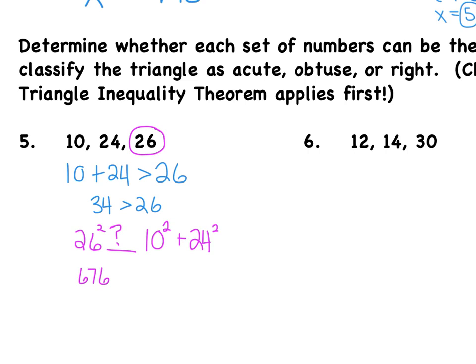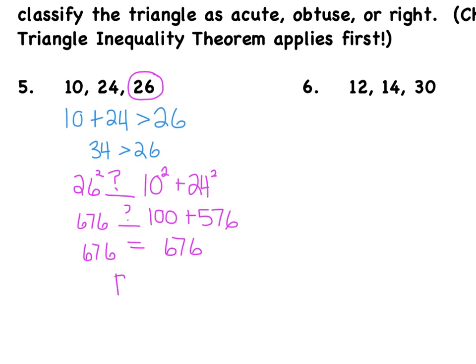It's an x squared. So you just do 26 and then press that, and you'll get what 26 squared is. 10 squared is 100, plus 24 squared is 576. So what I end up with is 676, and when I add the two numbers on the right side, I get 676. Because these equal each other, this is going to be a right triangle.